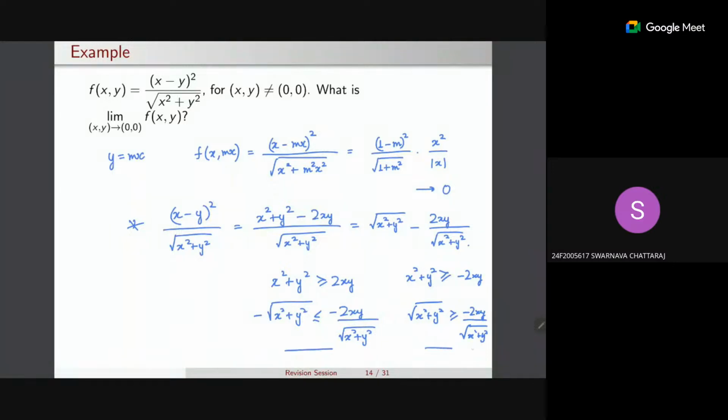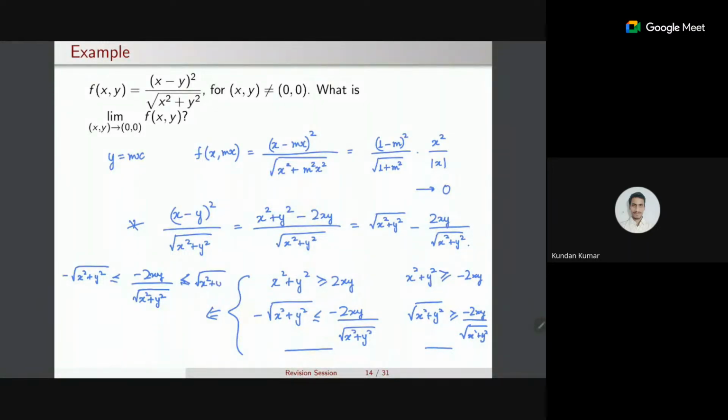So using this, I can sandwich minus 2xy divided by the square root of x squared plus y squared in between minus the square root of x squared plus y squared and plus the square root of x squared plus y squared, correct? So all of this leads to minus the square root of x squared plus y squared is less than or equal to minus 2xy divided by the square root of x squared plus y squared, which is less than or equal to the square root of x squared plus y squared.